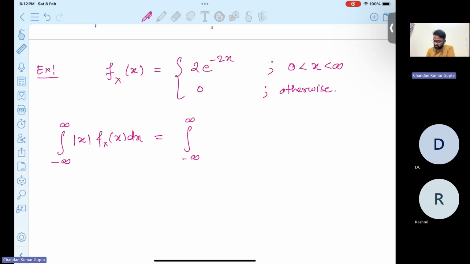the integral from minus infinity to infinity of mod x into 2 e to the power minus 2x dx.